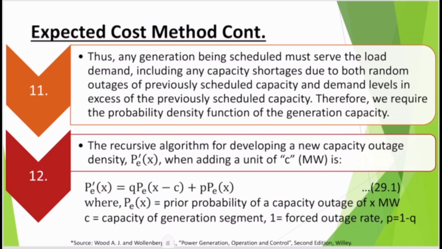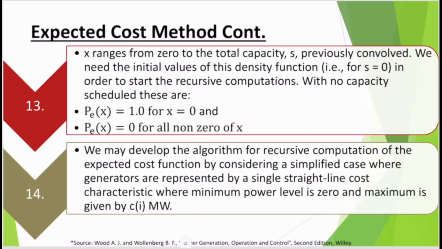Therefore, we require the probability density function of the generation capacity too. The recursive algorithm for developing a new capacity outage density, that is PE'(X), when adding a unit of number i, where P(X) is the prior probability of a capacity outage of X megawatt, and C is the capacity of the generation segment, and as you know, P will be equal to 1 minus Q. Now X ranges from 0 to the total capacity S previously convolved.